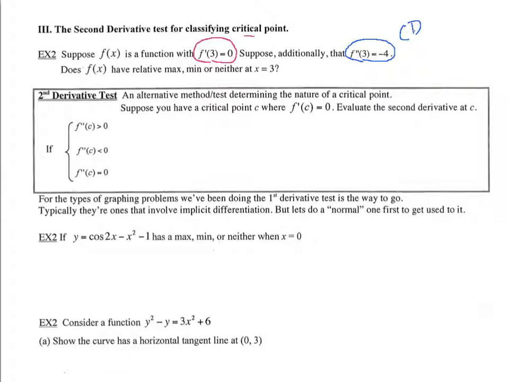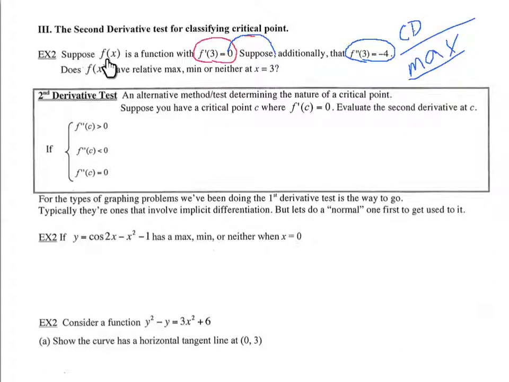So if we're concave down at 3 and we have a 0 slope at 3, that must mean that this graph looks like that, roughly, which means that we have a max. And we did not have to do a number line analysis to figure out that at 3, the function f of x has a max.